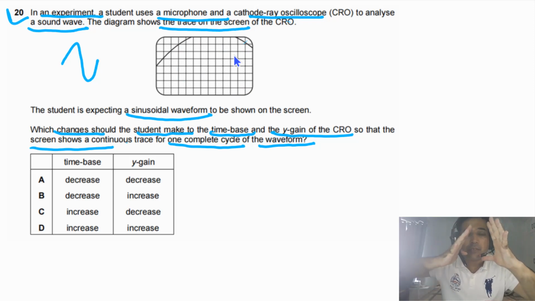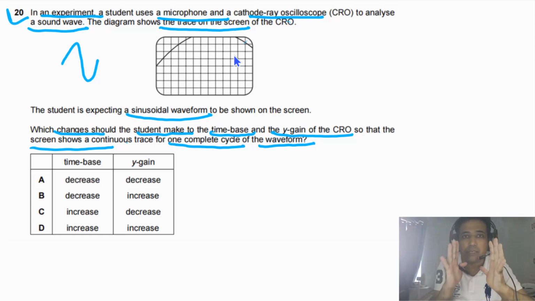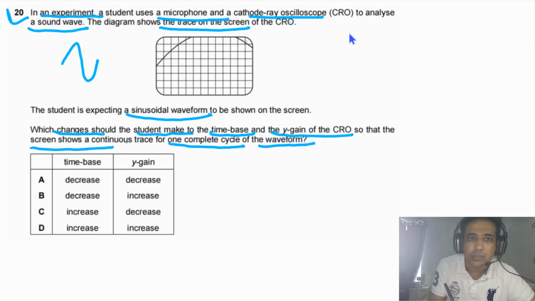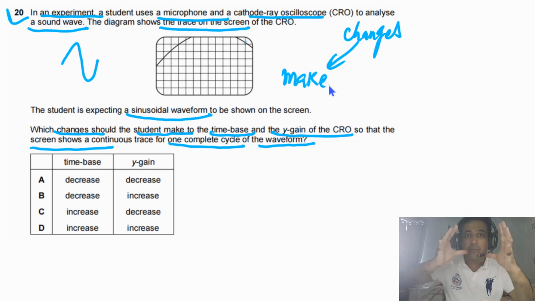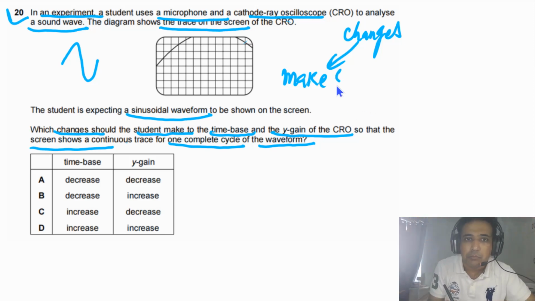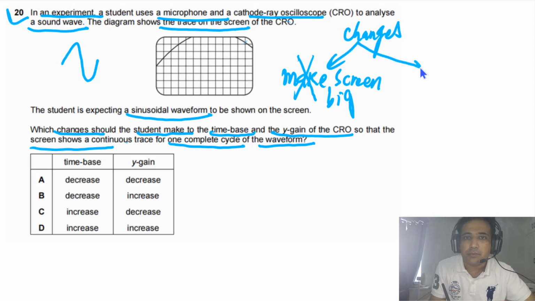One, we can make the screen of the CRO very big so we can see the wave. So let me write down here changes. So we can make the screen big, meaning we can have a CRO with a very big screen. This is one thing we can do, but this is practically not possible. The second thing we can do is compress the wave.